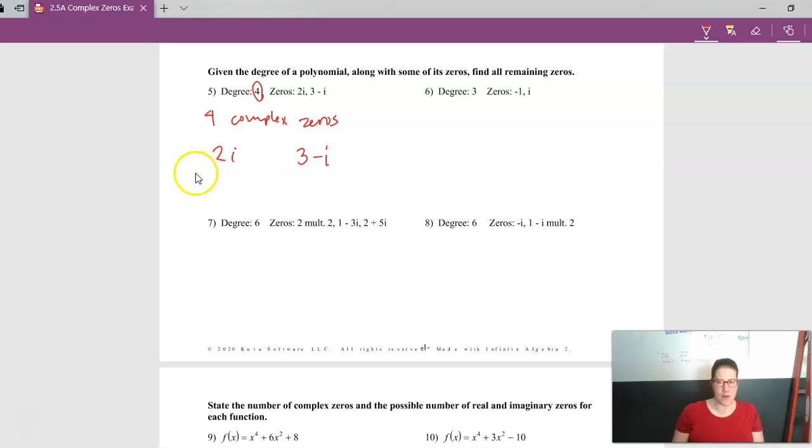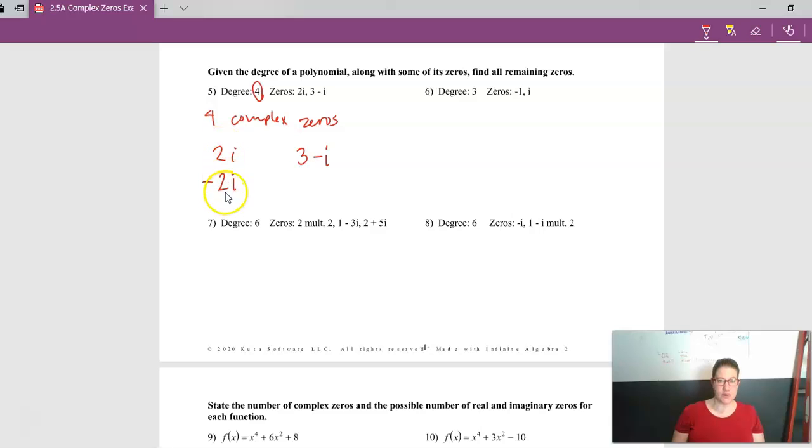The thing about complex solutions with imaginary parts is that they always come in pairs. So if I have 2i as a complex zero, I know that the negative of that is also going to have to be a solution. Anytime you're solving an equation and you get imaginary solutions, they always come in pairs.